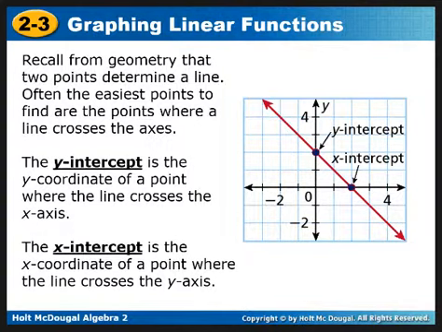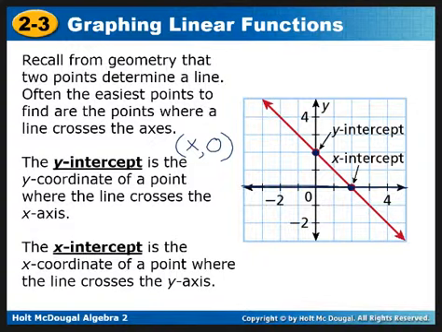Now, when we think about the x-intercept, the x-intercept is going to lie on the x-axis. It doesn't matter what value of x I have, the y value is always going to be 0 for your x-intercept. So what that allows us to do is we can take 0 and fill it into y in our original equation and solve for x and find the corresponding x value that will give us that point.